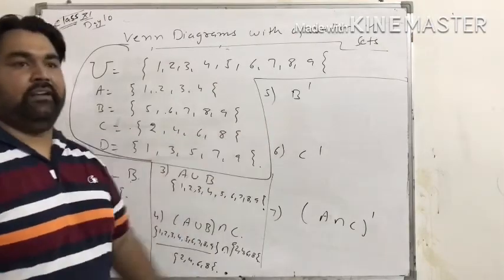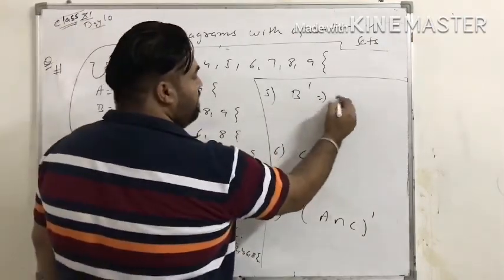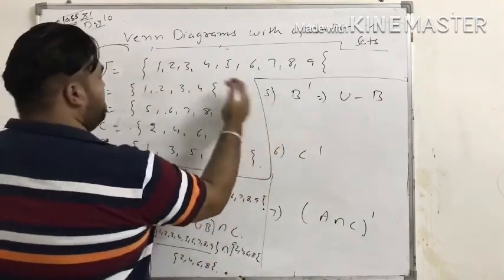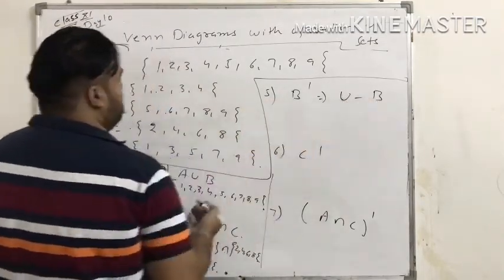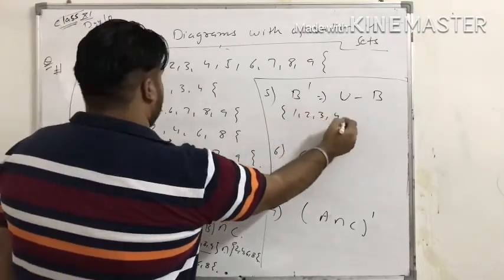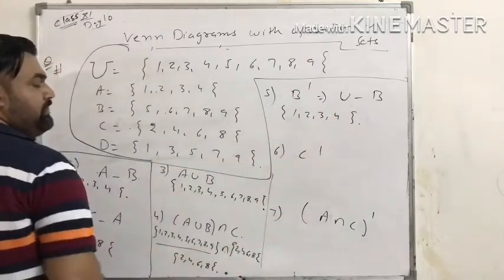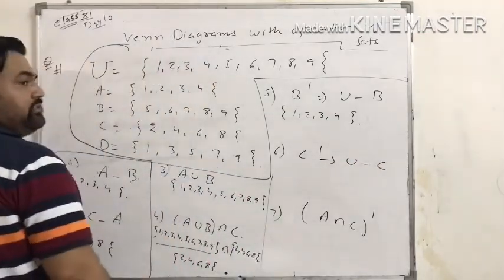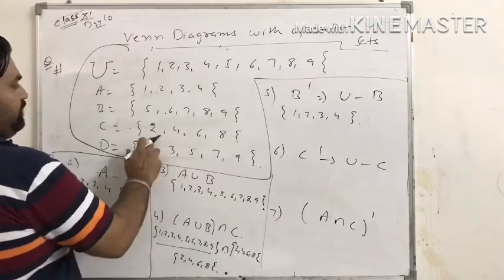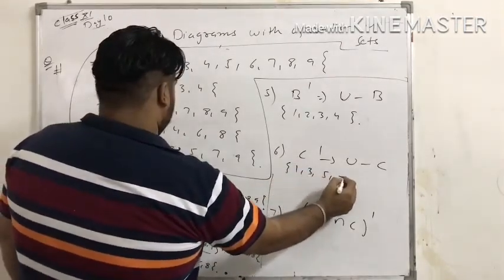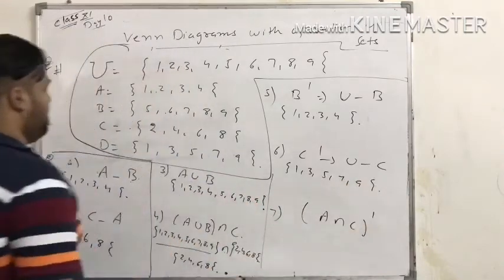Now B complement. What is B complement? Universal minus B. So the elements of U which are not present in B. So 1, 2, 3, 4. C complement means U minus C. Universal set minus C. So the elements are 1, 3, 5, 7, 9.